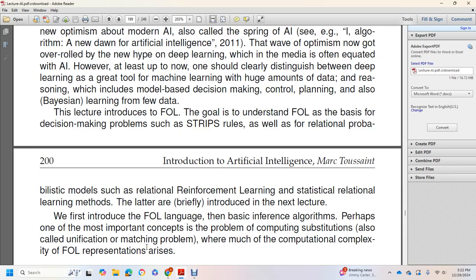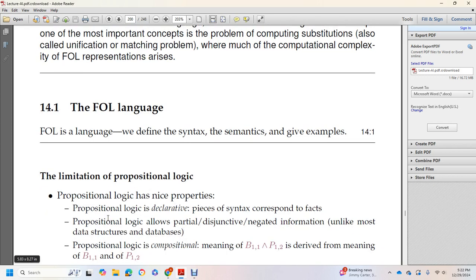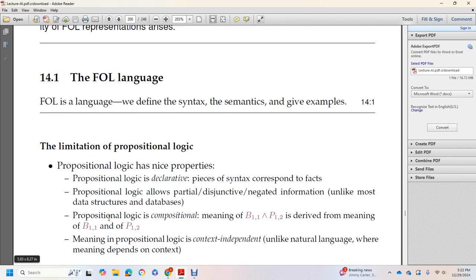learning representation arises. First order logic is a language of defined syntax and semantics, and gives an example of the limitation problem of propositional logic. Propositional logic is declarative, and the syntax corresponds to the facts.